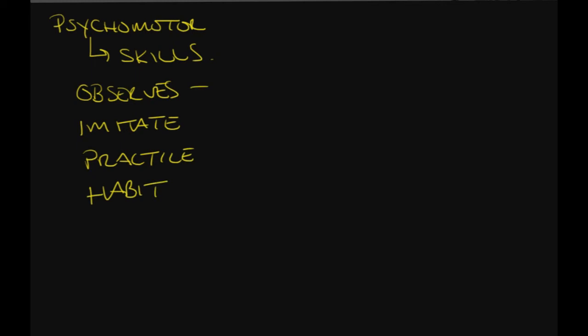In this order: observing the instructor, imitating the instructor, practice through repetition, and then, and only then, it becomes a habit. Okay? So there's our 3 domains of learning: cognitive, affective, and psychomotor. There are many other concepts, but these are sufficient for our purposes.